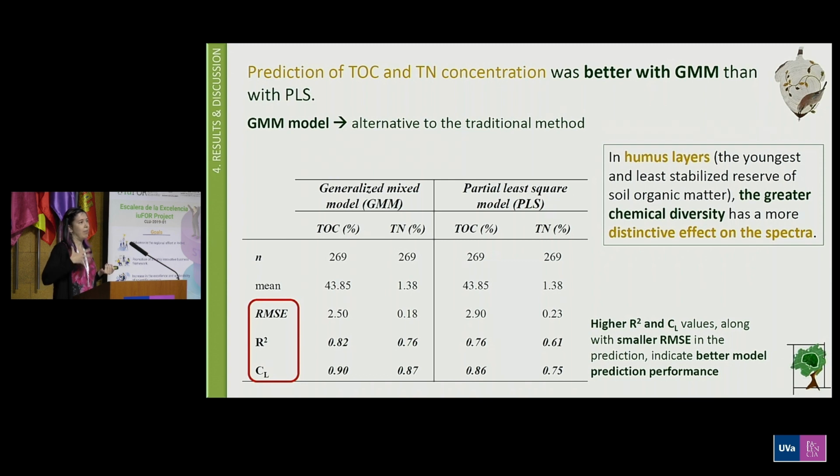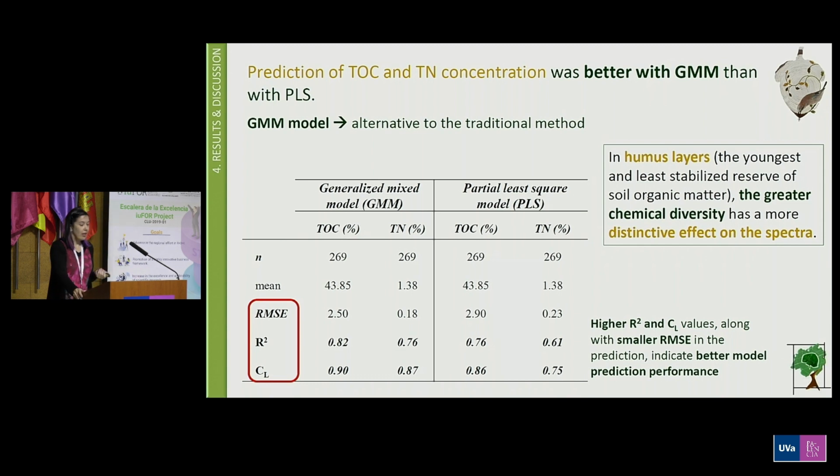So the PLS was the statistical technique that was more useful for this type of data. Now, with the generalized mixed model, we think that these type of models are better for the complexity of this type of data that we get with the spectrum.